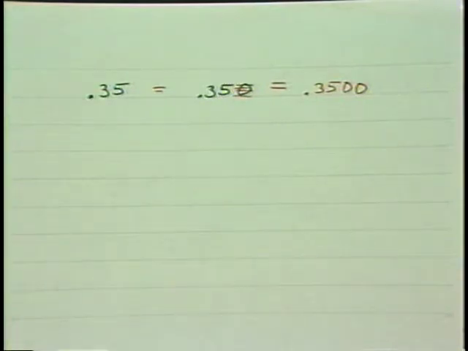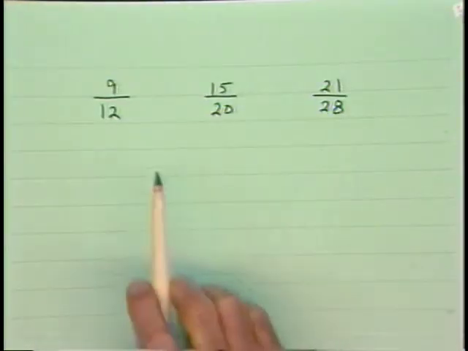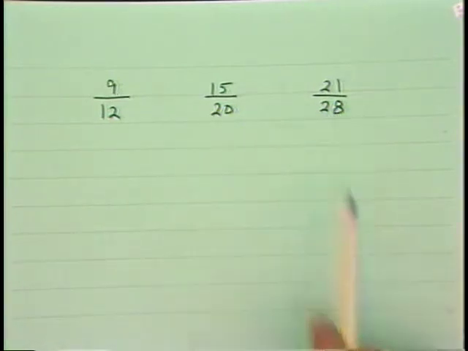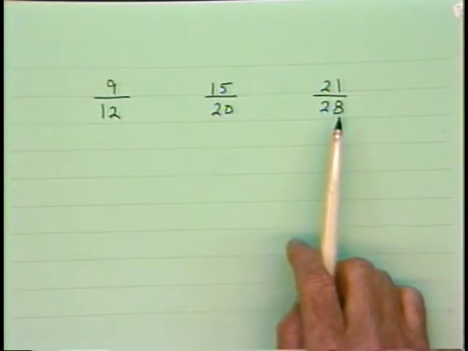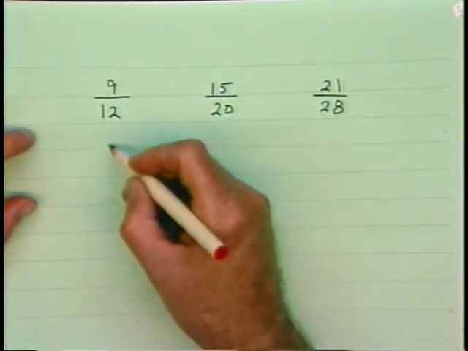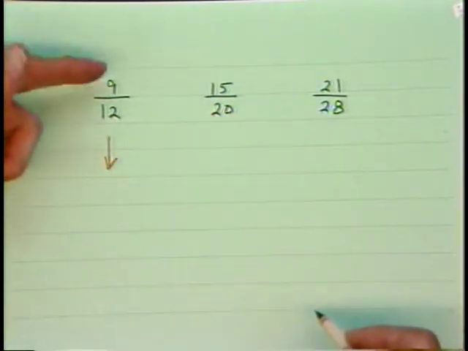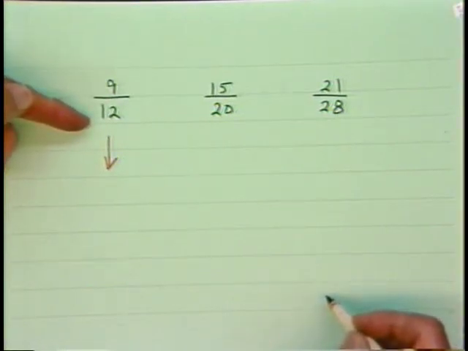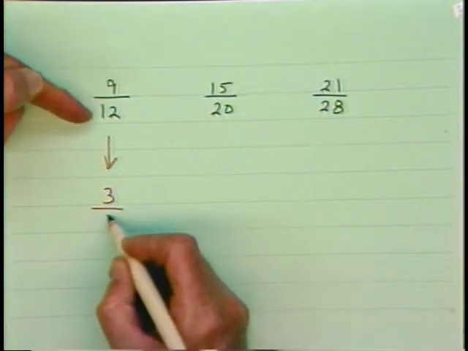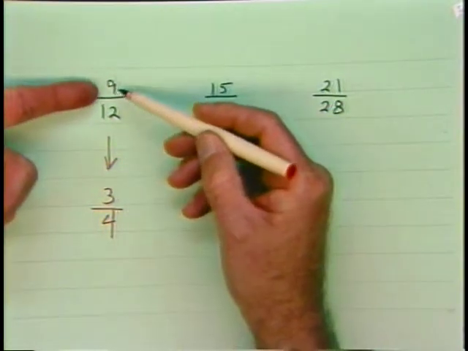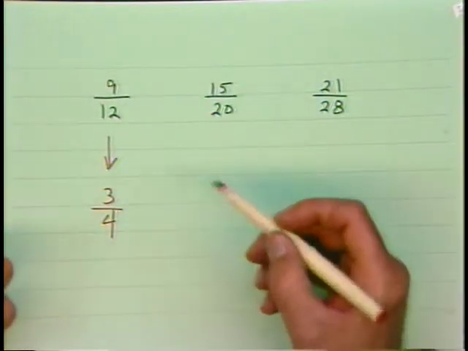Let's prove that, but let's think back on several facts we learned in the fraction chapter first. Recalling that fractions with the same value can have many forms, we notice that these three fractions are not reduced. This one in particular has top and bottom divisible by 3. So dividing top by 3 and the bottom by 3, this fraction reduces to 3/4.